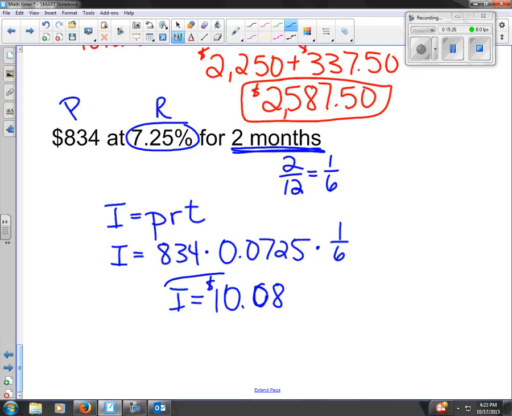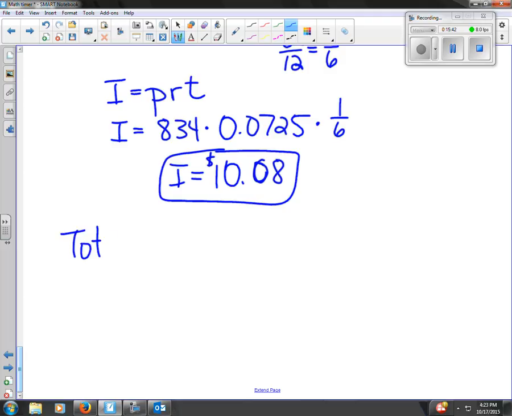That's the interest. That's how much interest you're going to get because the percentage is so low. And then it wants the total amount. So now we add it. The total amount, you add that I to your original. Well, I cannot spell amount.